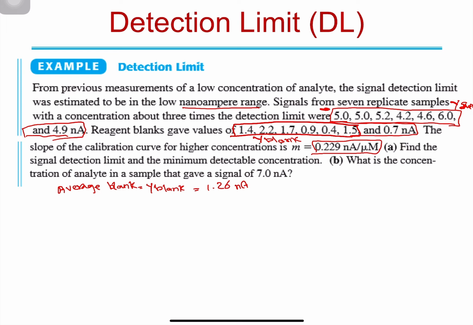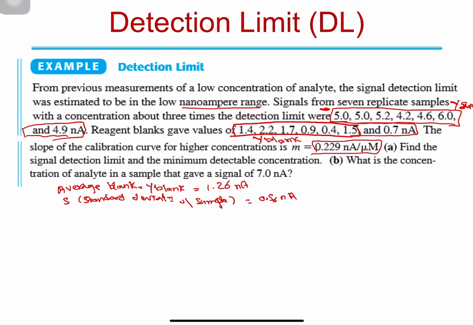And then for the sample we need to calculate the standard deviation, S. You need first to calculate the average, and then you calculate the standard deviation, and you find that the standard deviation is 0.56 nanoampere.